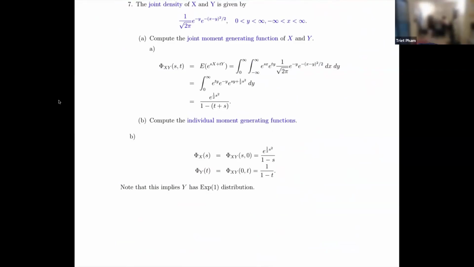It's a lesson to be learned that if we go through the marginal route, it is very hard to calculate this, because the marginal of X is not nice to calculate to begin with. Any question?